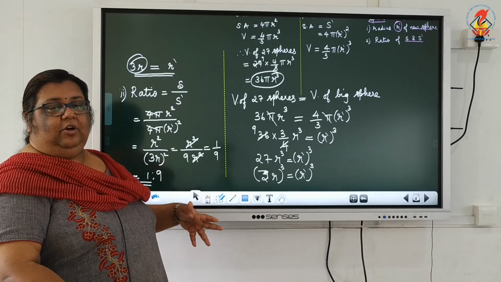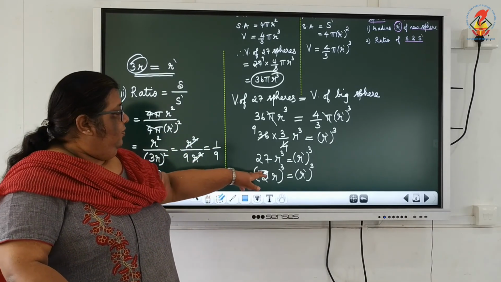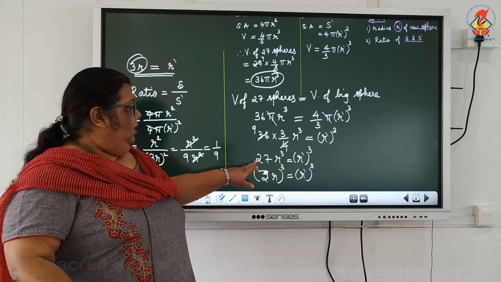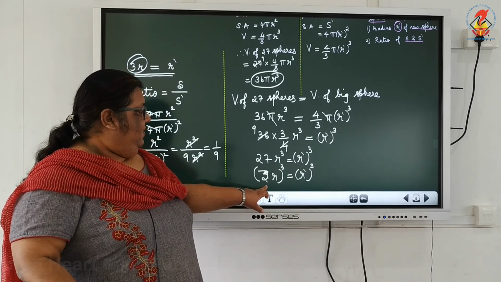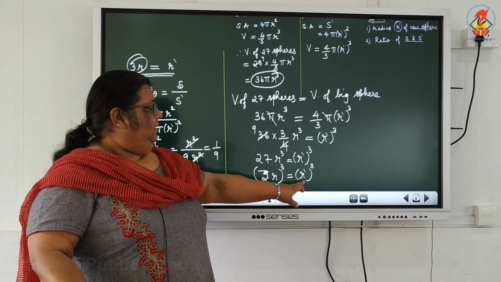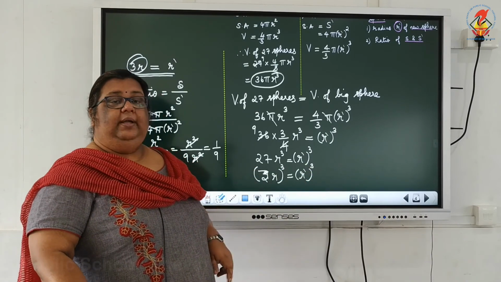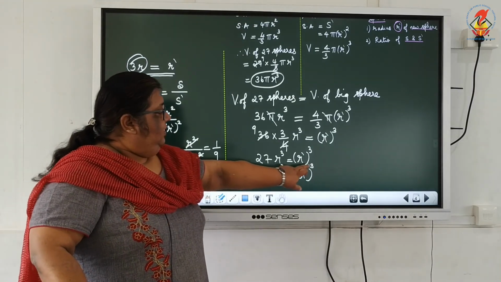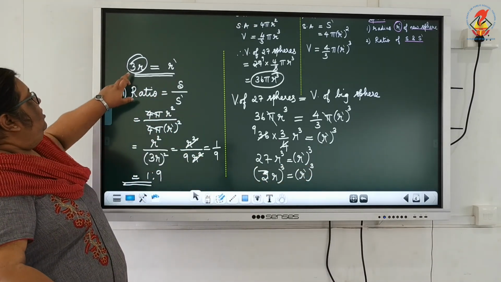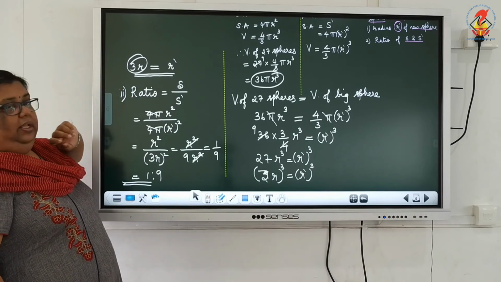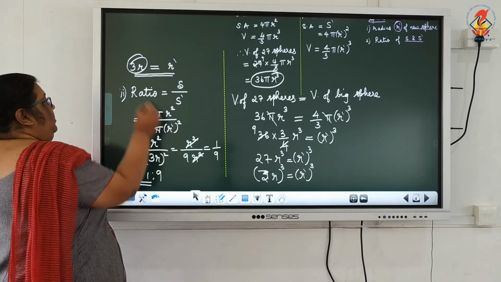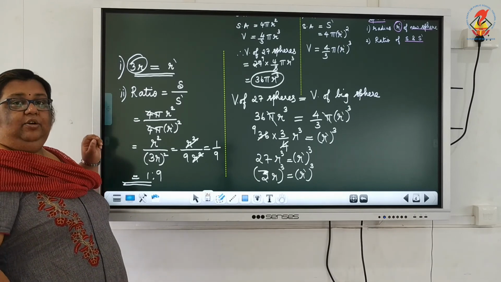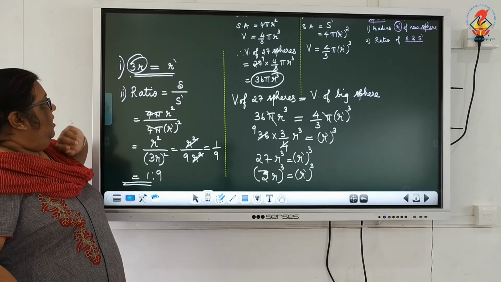After cancelling the common terms and all, we found out that 27 r cube is equal to r dash cube. 27 r cube is same as 3r the whole cube is equal to r dash cube. Taking the cube root on both the sides, power 3 gets cancelled. So r dash will be equal to 3r.